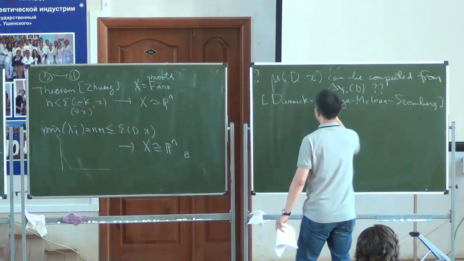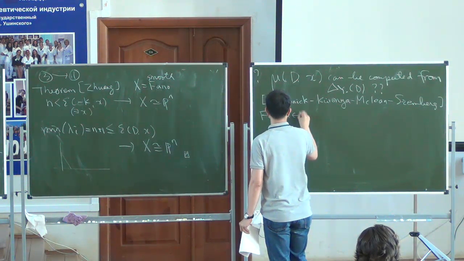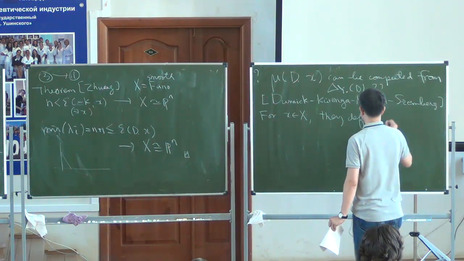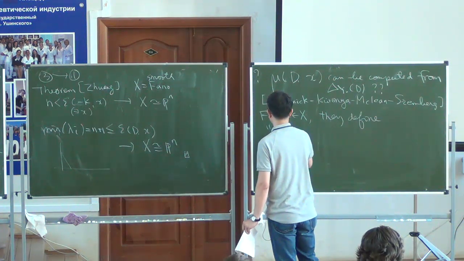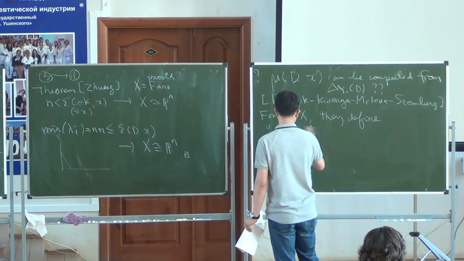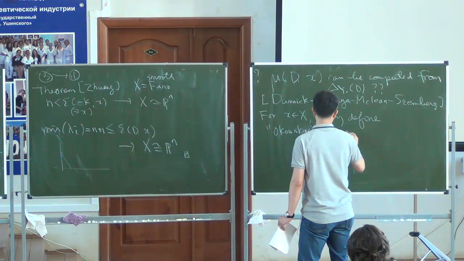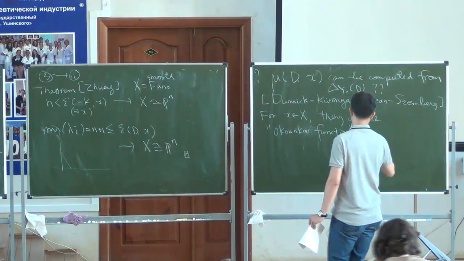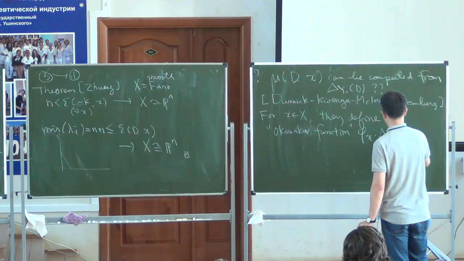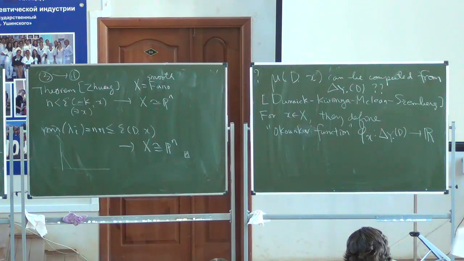So I can't explain all the details, but for X, they define something called the Okounkov function, whose domain is the Okounkov body, and the image is R. Okay?